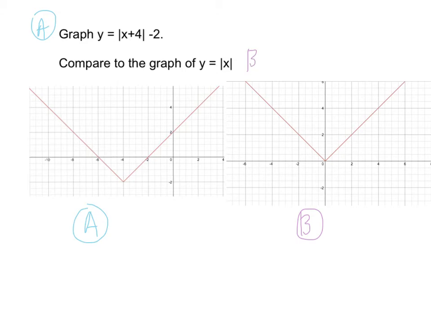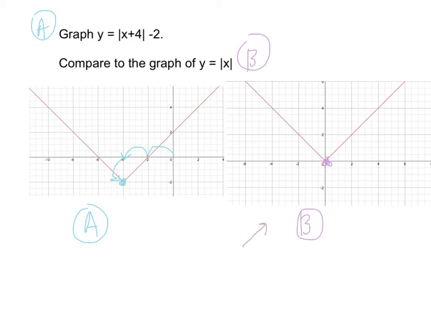So when comparing these, we can see that, first of all, this one on the left has a vertex not on the origin, where this one does. And when looking further, we can actually see that it's been shifted 2 to the left, so 1, 2, and then down 2. Or down 1, sorry. Whereas this one is completely centered.